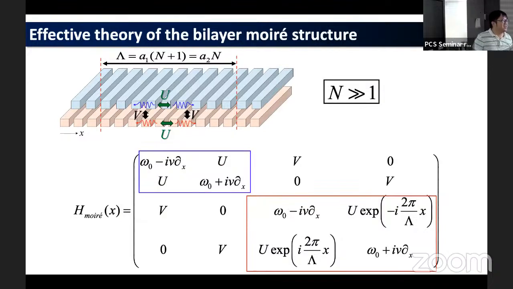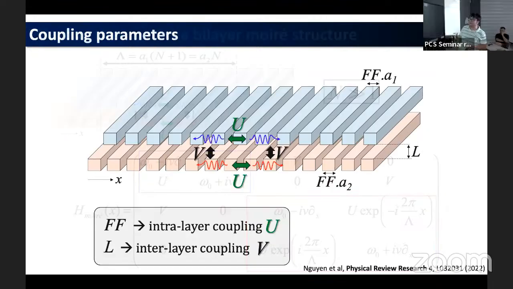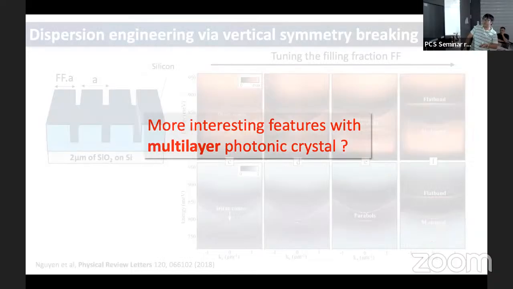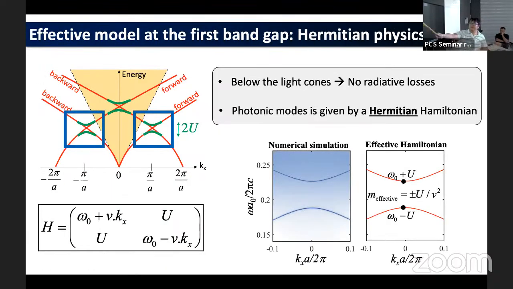Why? I thought before you explained that they are not coupled directly, and only when you add the grating. So why are they coupled through the grating? Because when they are far apart, you already have the corrugation. So they are coupling through the corrugation. This is exactly the same feature as at the beginning here, so this is this U. You only need the corrugation to make them couple.